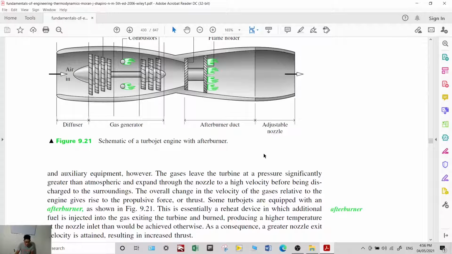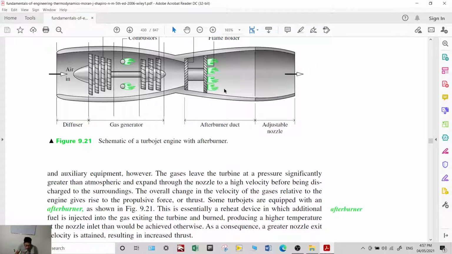So increase ang temperature. And after that one, this acts as a reheat device. So produce na siya og high temperature nga air or fuel. In the actual, this is air fuel mixture, no, sa combustion products nimo.